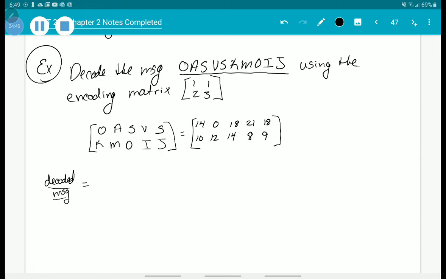it's going to be equal to the inverse of the encoding matrix times that message. And I'm going to use the calculator to do the matrix multiplication for me.